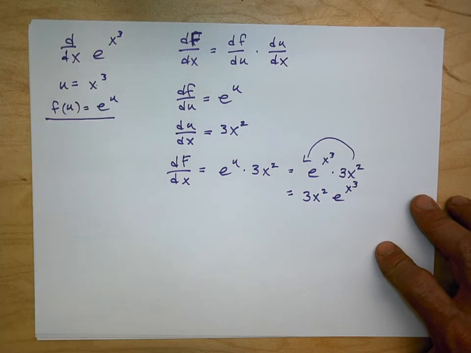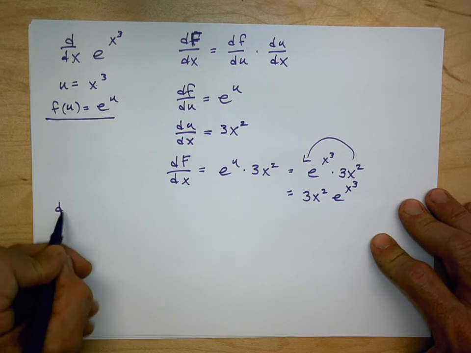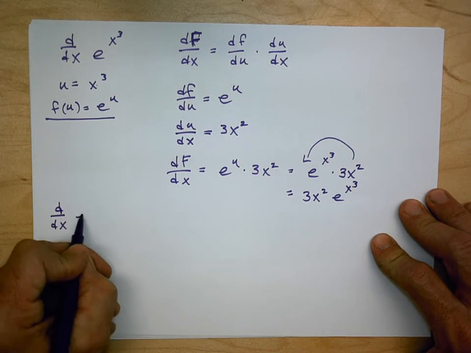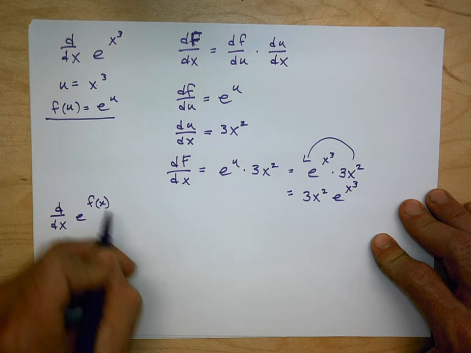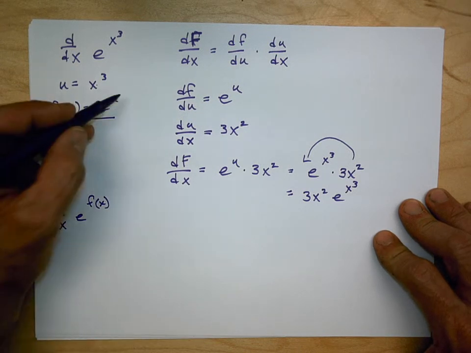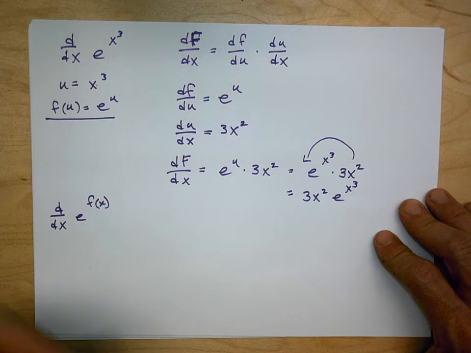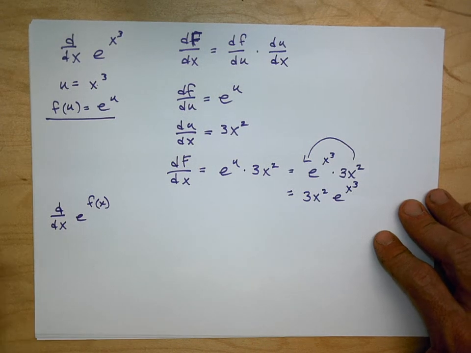We can also generalize this. If I wanted to take the derivative with respect to x of e to some function, so instead of just e to the x, I have e to some function of x, in this case x cubed. It could be e to the sine x, it could be e to, I don't know, 3x squared plus 5.